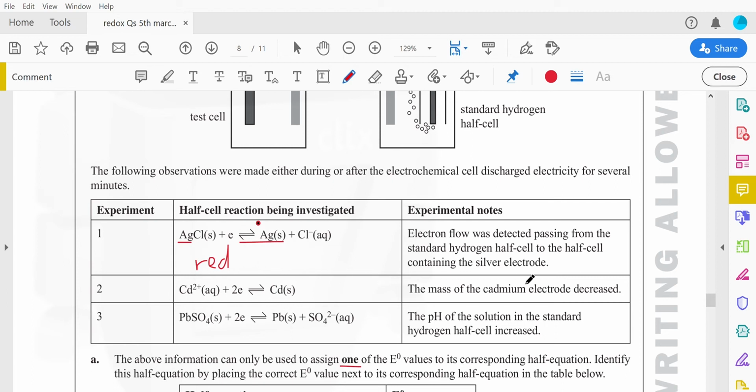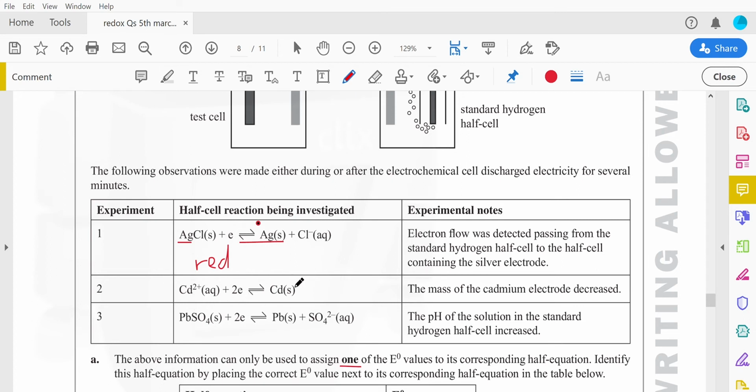Here, the mass of the cadmium electrode decreased. Again, it's showing us a reduction equation here. If this reduction equation was proceeding this way, then we would actually expect the cadmium electrode mass to increase, because we've got cadmium ions gaining electrons, plating onto our cadmium electrode.